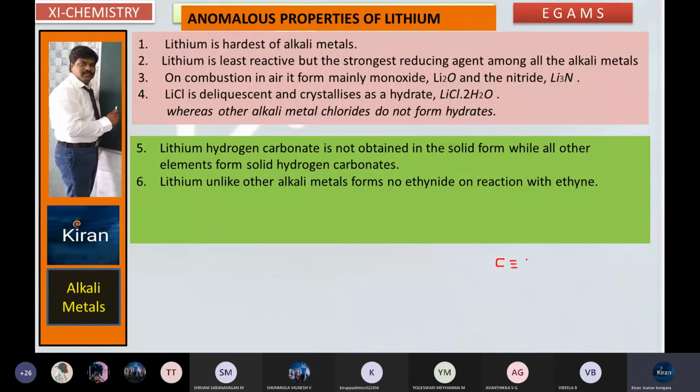C2H2, a triple bonded compound. The other name is ethine. So lithium will not react with this acetylene to form ethanide. But other elements can form ethanide. Sodium ethanide, potassium ethanide, like that.